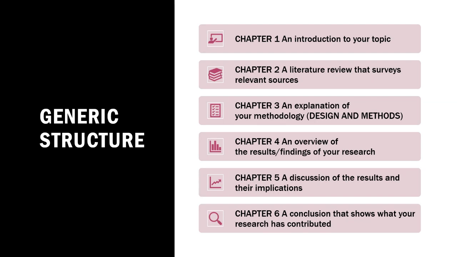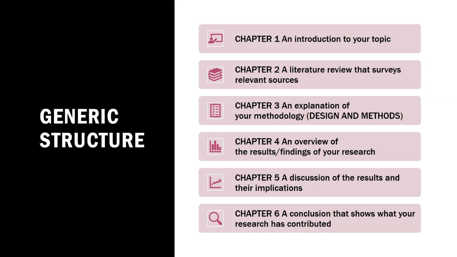And then finally, the last chapter is a conclusion that shows what your research has contributed. I usually look at chapter 1 first, and then I go to the last chapter, and I look at whether what you promised in chapter 1 was delivered.